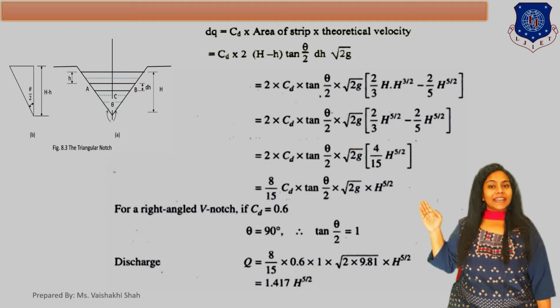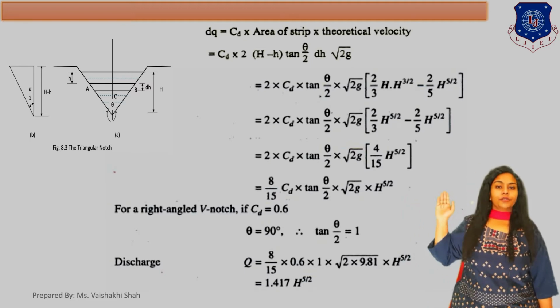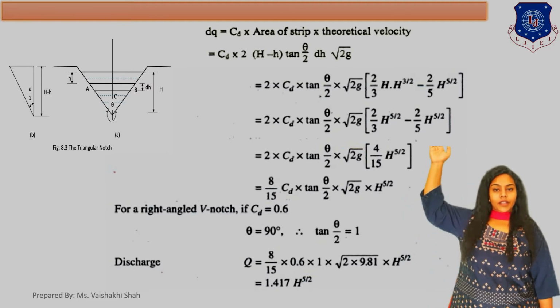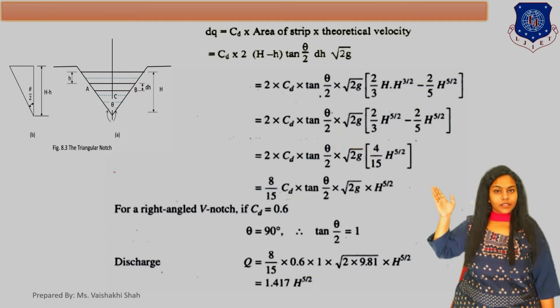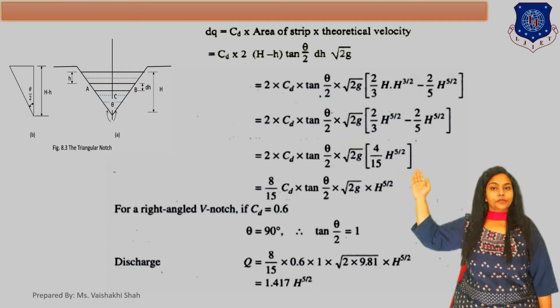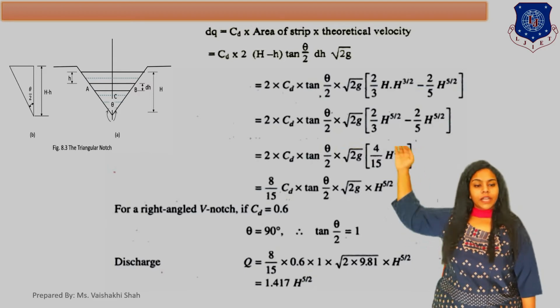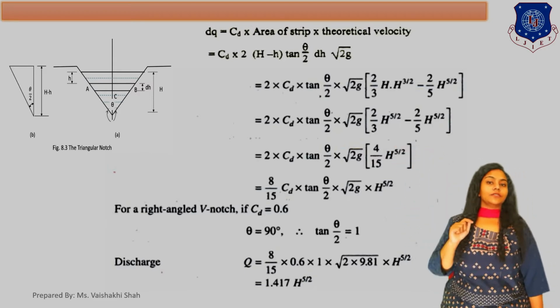Now integrating the above equation, you get 2 into CD into tan theta by 2 into root 2g, that is your constant.